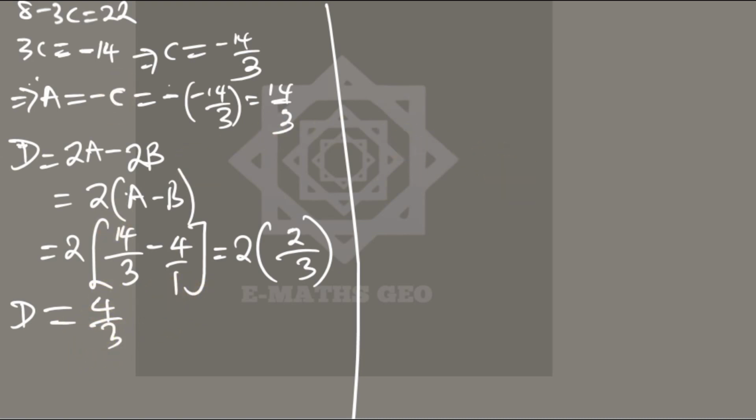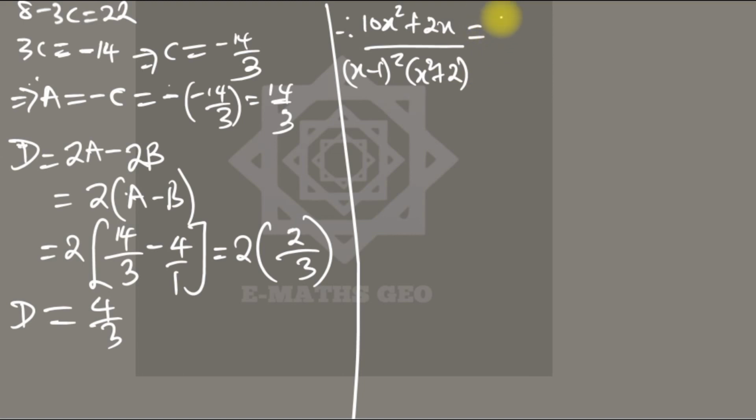So let's go back and substitute. A is 14 over 3. Therefore, 10x squared plus 2x over x minus 1 all squared times x squared plus 2 is now equal to a.